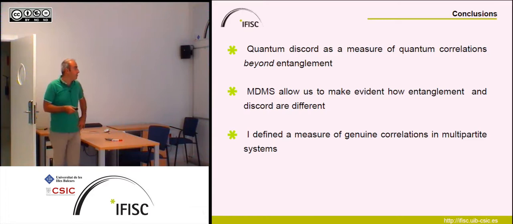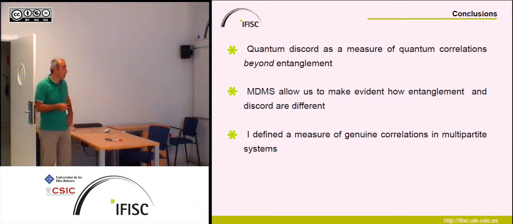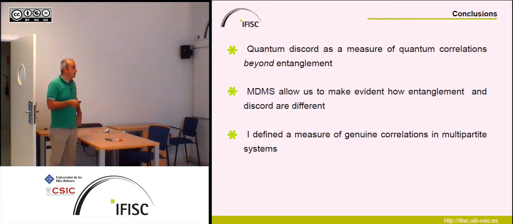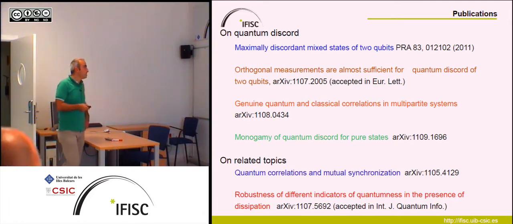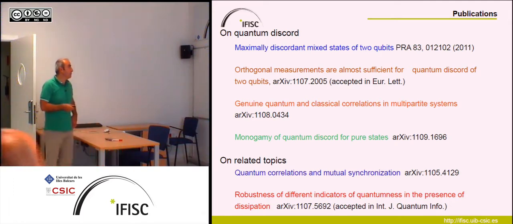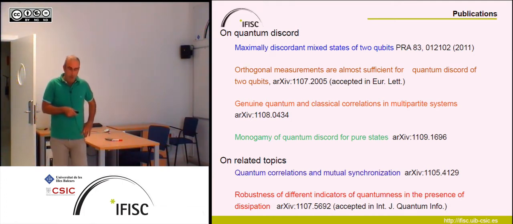And finally, I tried to extend the measure of correlation to multipartite systems, with the main interest in the measure of genuine correlations. So this is a list of publications on this subject. There are 4 publications exactly on the theme of discord, and 2 other publications where we use discord to describe some dynamical evolution of physical systems, or a system of 2 oscillators coupled to thermal baths.